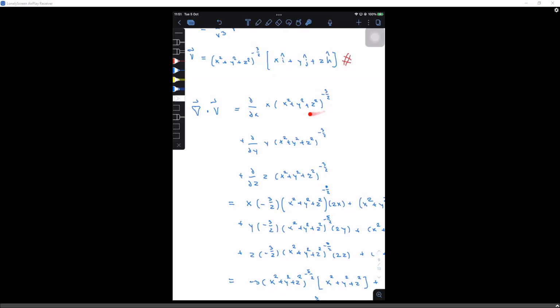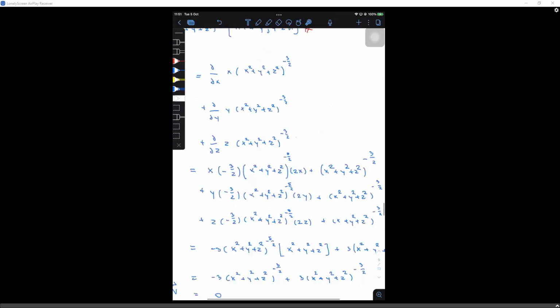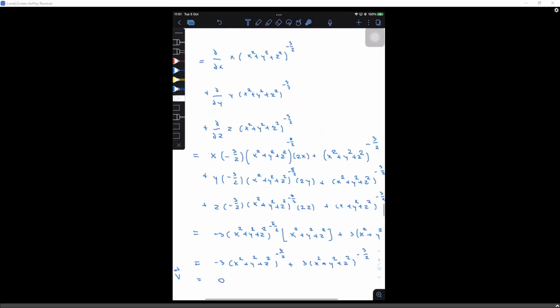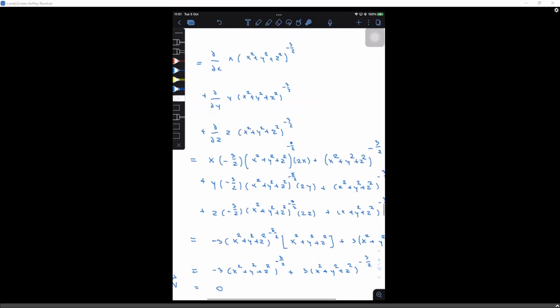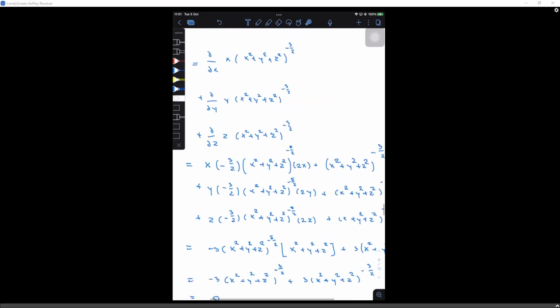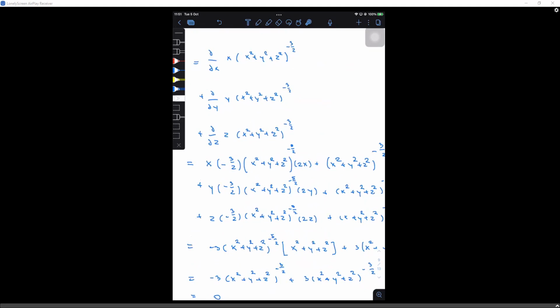From this derivative, we will get this, which is like the chain rule and how to do the derivative of the power. So from this we get, we need to do the derivative of the multiplication.